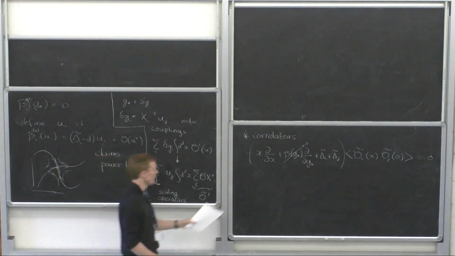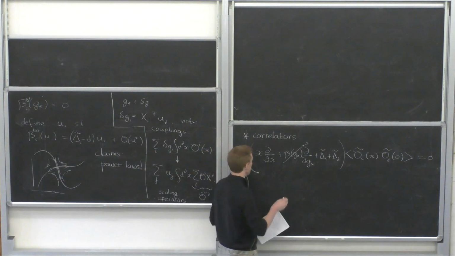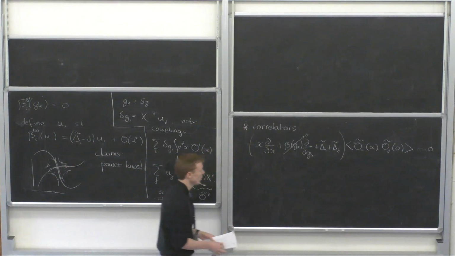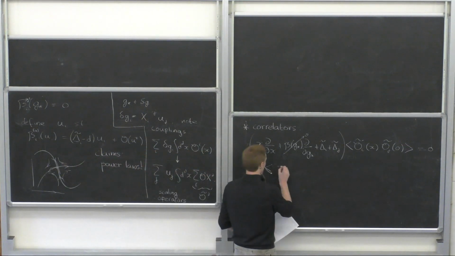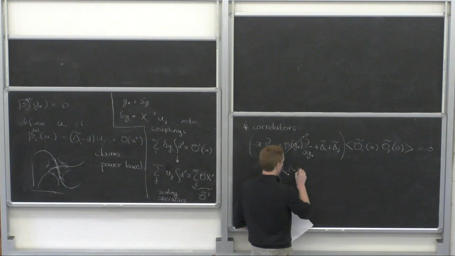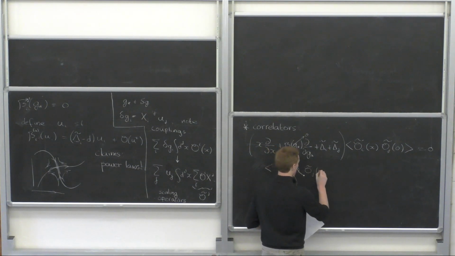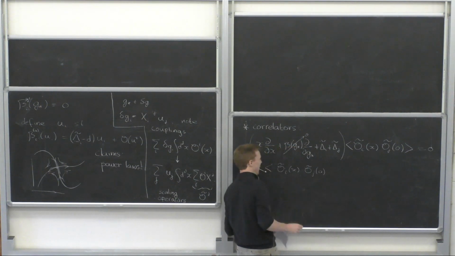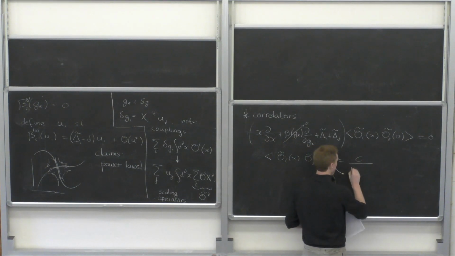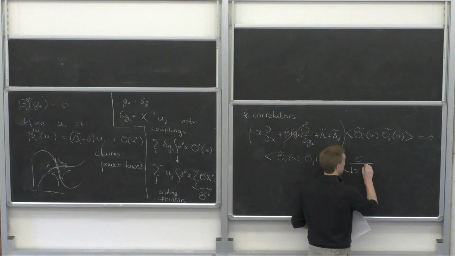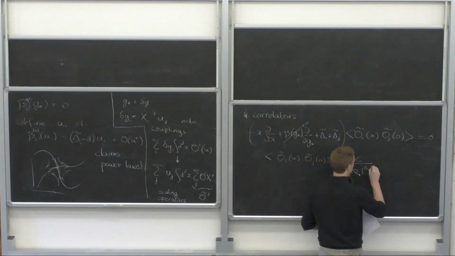So my claim is that the Callan-Symanzik equation then reduces to this, which is, of course, a homogeneity equation. It's very easy to solve. It shows that the correlator of O tilde i of x with O tilde j of 0 is just some constant divided by x to the power delta i tilde plus delta j tilde.